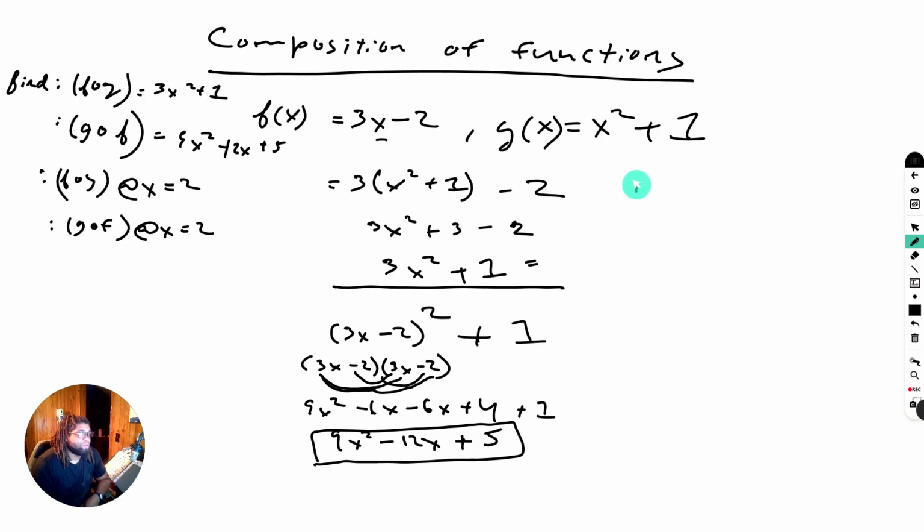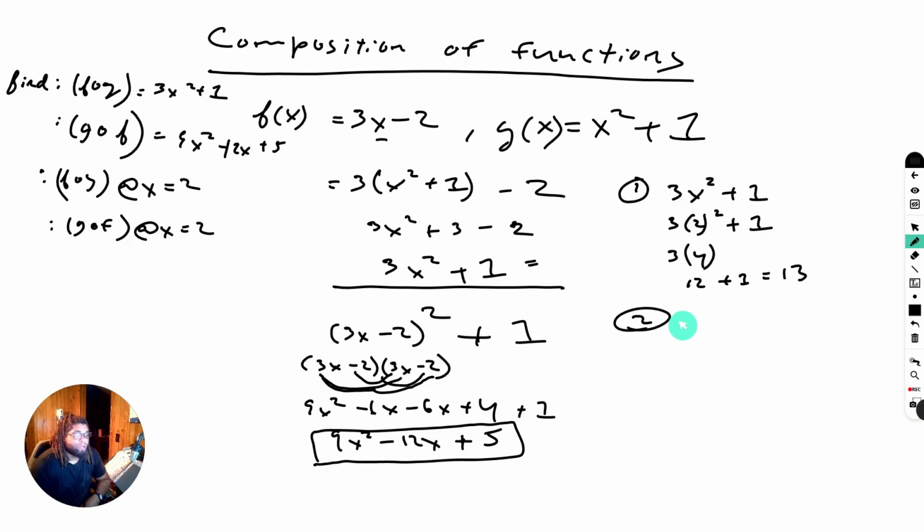So for the first one, which our answer was 3x squared plus 1, we're going to have 3 times 2 squared plus 1. We do the exponents here, so this is going to be 4, this is going to be 3 times 4, that's going to be 12, plus 1 is going to equal 13.